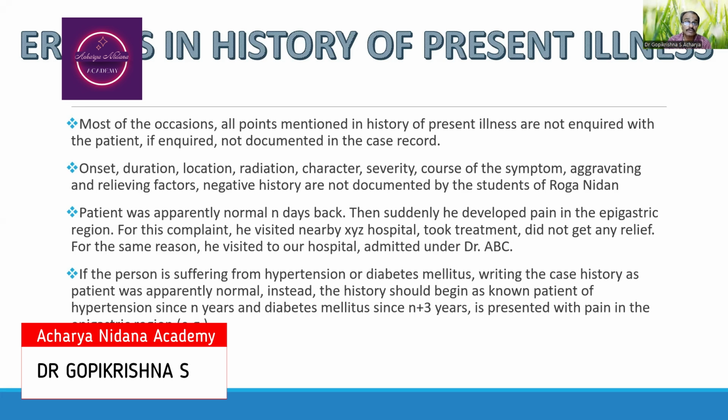Severity, to some extent they may ask, but course of the symptom is not documented. Negative history is not documented. Regarding the details of all these, onset, duration, etc., see the video of history of present illness.